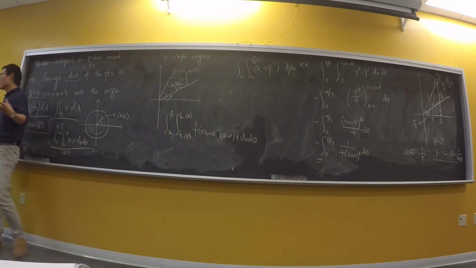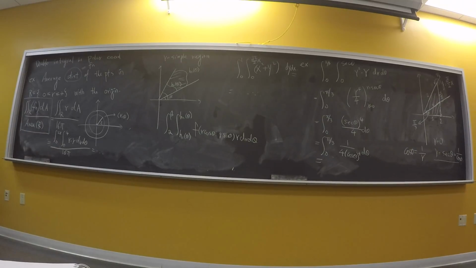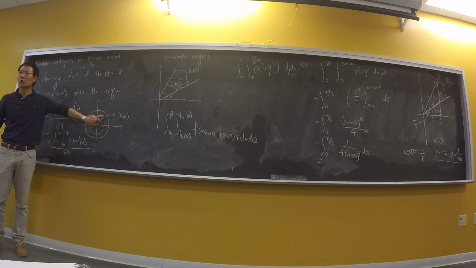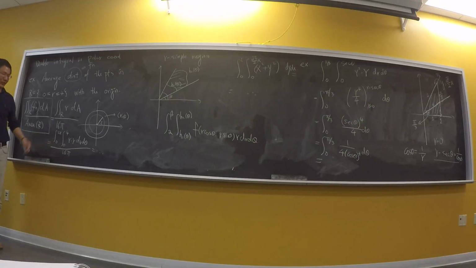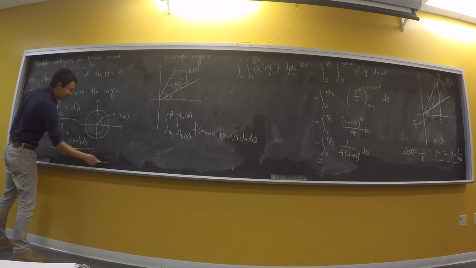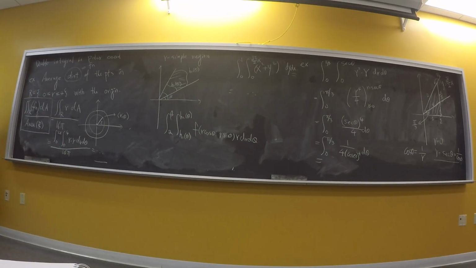So the longer distance you have, the more points you will have. So this number will tilt towards 4 rather than 0. And it is definitely not the middle ground of 2. Right? It's not going to be the middle of 0 and 4. So you can try to compute what the average is and convince yourself why this is indeed the average of the distance. Okay? So it's a pretty interesting application.